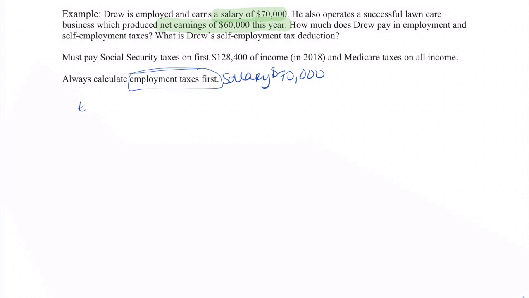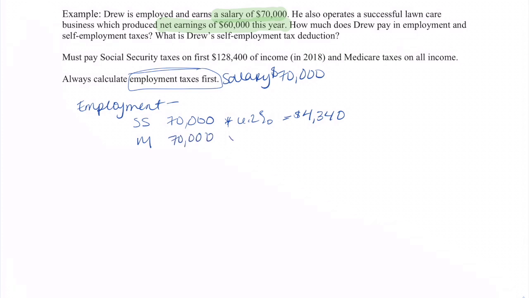So for the employment taxes, we have Social Security, which is $70,000 times 6.2%, which gives us $4,340. We have the Medicare portion, which is $70,000. Again, it's not exceeding the cap, so 1.45%, which gives us $1,015.